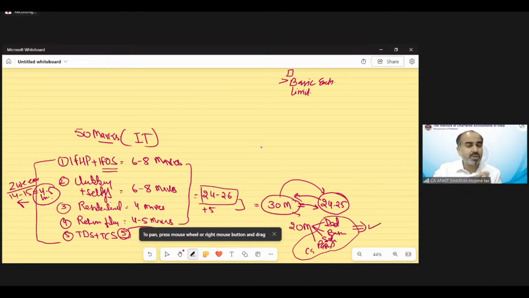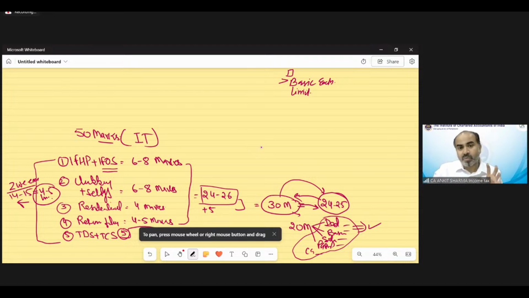But this part is really important, and you have to revise it at least twice or thrice. If you are able to revise these topics twice or thrice, it will not take much time in comparison to the 5 topics like deduction, basic concept, salary, PGBP, and capital gain, which will take almost 1 month.